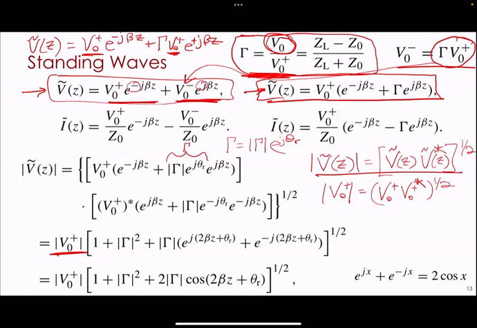If you went through all that, you would see that they're the same. So there are just two equivalent ways to calculate magnitude. So that's where that one goes. The one is from the e to the minus j beta z times e to the j beta z.